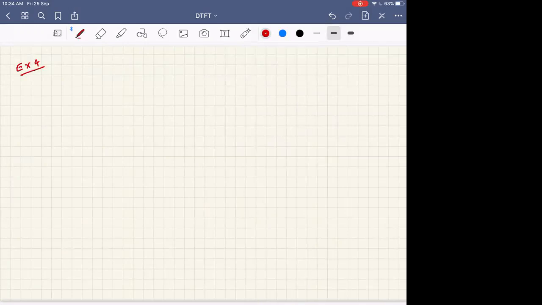Now we will try to see slightly different kind of examples. Okay. So assume that we are given a linear time invariant system. Okay, we have with us a linear time invariant system. x of n is given and h of n, the impulse response, is given for a linear time invariant system.